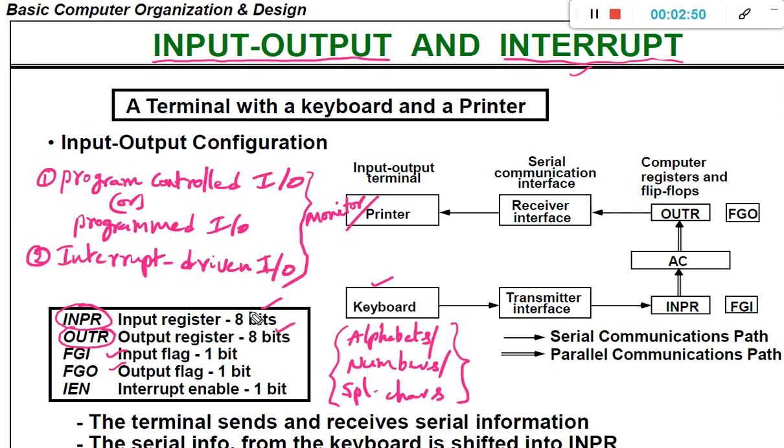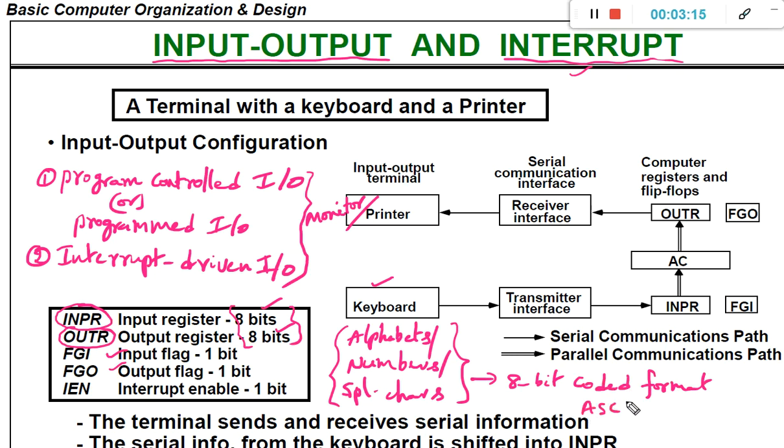How many bits are we using for the input register as well as the output register? We are using 8 bits. That is why these alphabets or numbers or special characters will be converted into an 8-bit coded format. What are the 8-bit coded formats we have seen in previous classes?